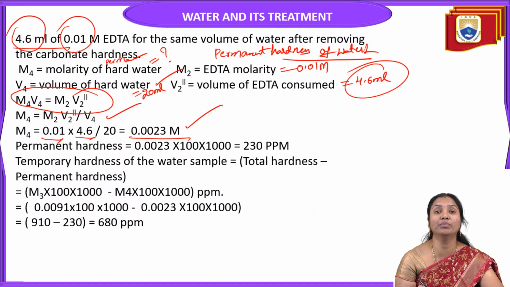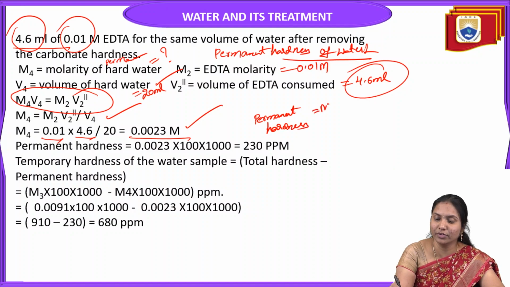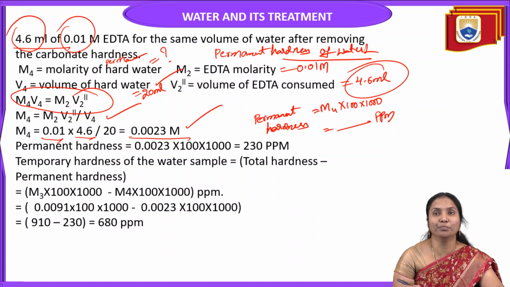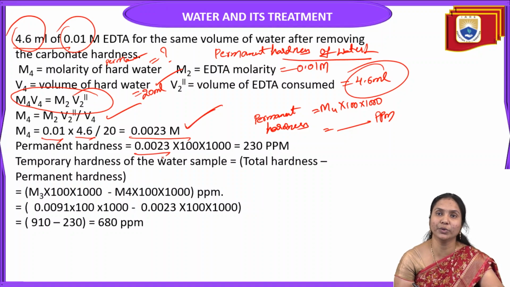Now we can calculate the permanent hardness of the given water. The formula is permanent hardness equals M1 into 100 into 1000, in ppm. M1, the molarity of permanent hard water, is 0.0023, into 100, the molecular weight of calcium carbonate, and into 1000, the total makeup solution.